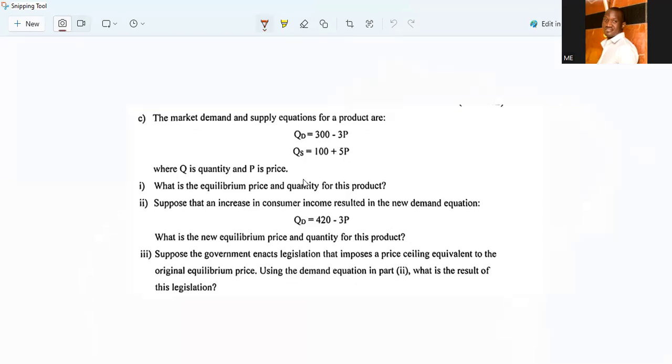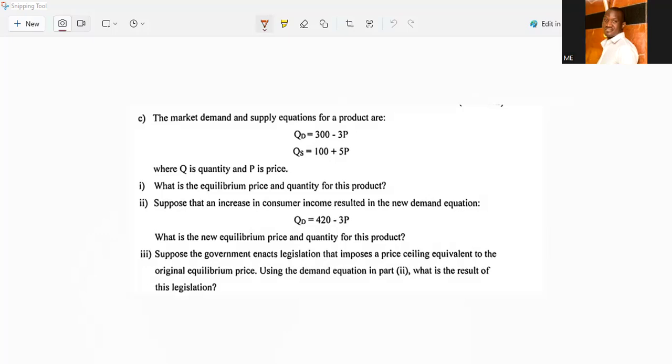Equilibrium, what happens at equilibrium? The price is equal to demand. The price is equal to demand, correct. Okay, so if the price is equal to demand, we're going to equate those two together, isn't it?